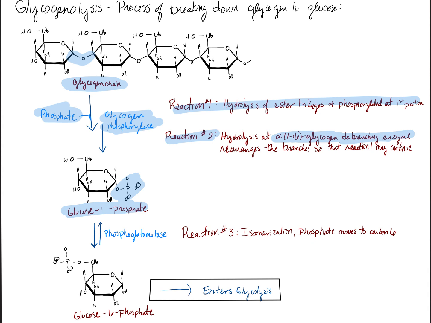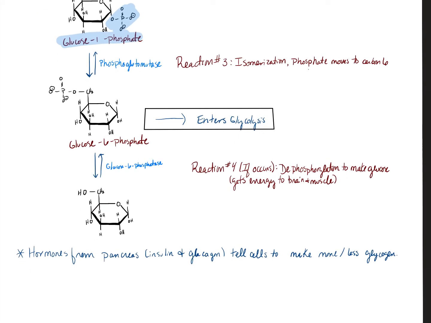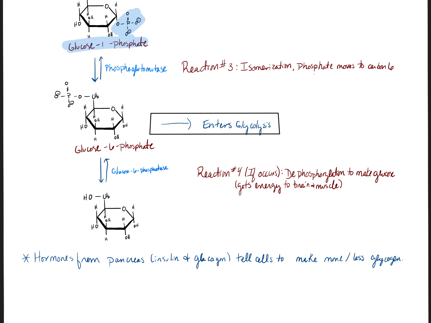Finally, the third reaction is an isomerization of the phosphate. That phosphate's going to move to carbon number 6. So that's glucose 6-phosphate, which is exactly what we need to enter glycolysis. And so this guy then just goes over to the glycolysis pathway and continues through that route.